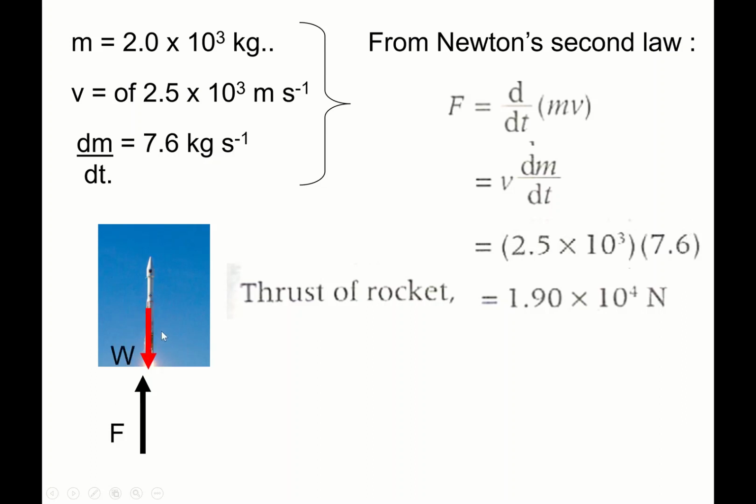another type of force acting on the rocket is the weight of the rocket. So we are going to find the weight of the rocket, which is mg.